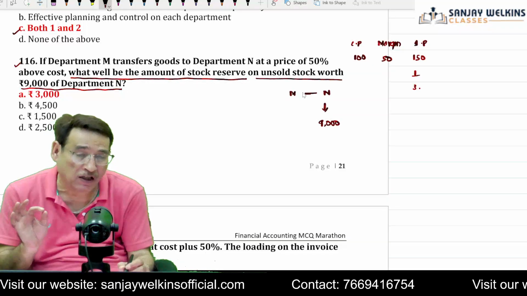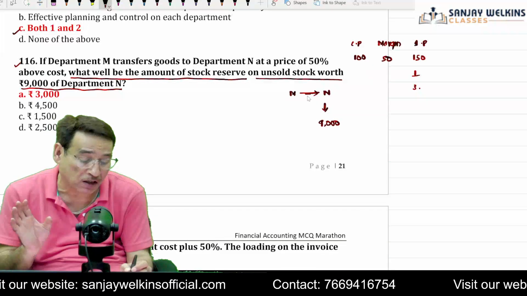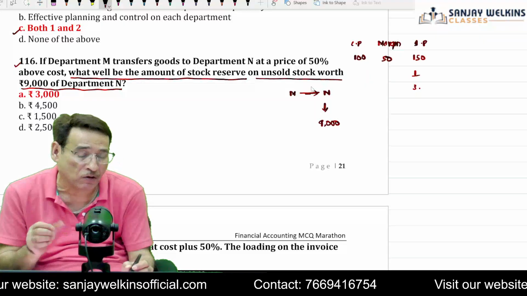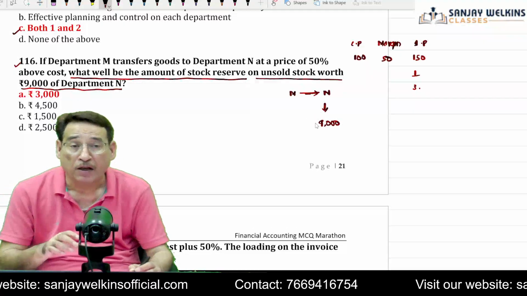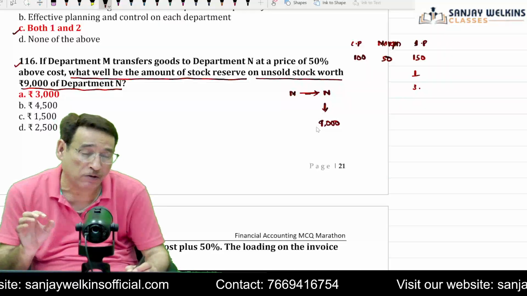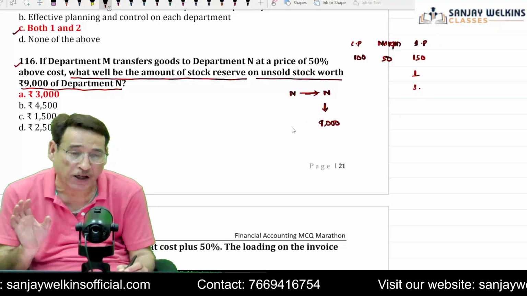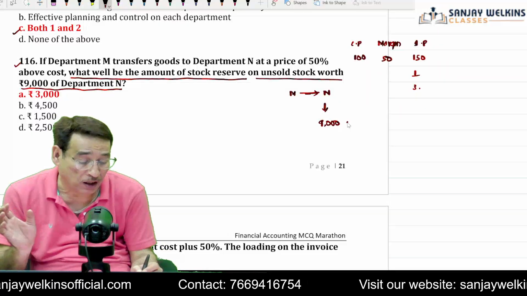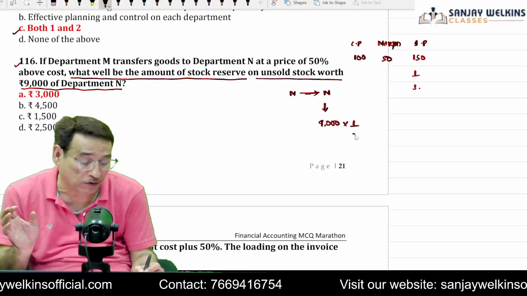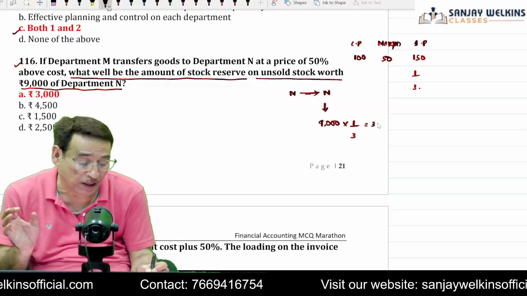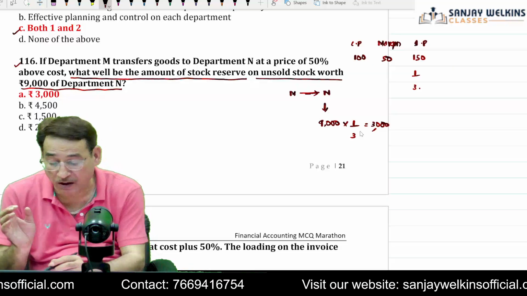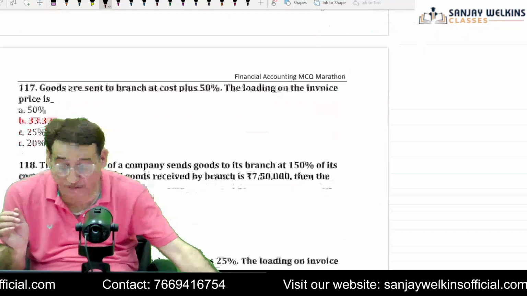Because it is clearly given in the question that goods are transferred by Department M to N, whatever goods are remaining with Department N must have been transferred by Department M. So in order to know the unrealized profit or stock reserve as we call it, we will have to multiply it by 1 by 3, and the correct answer will be 3,000.